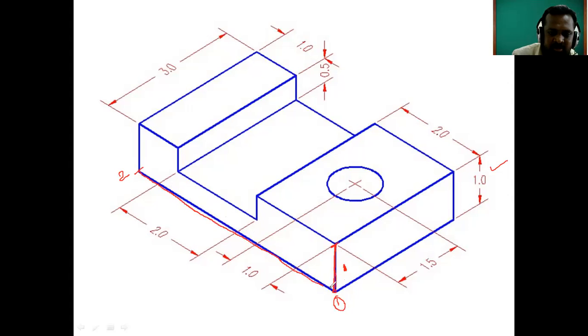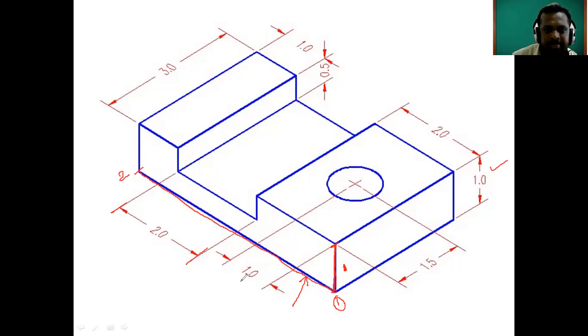Then tell me, what is the dimension of this line? What is the length of this line? Yes, please, has anybody calculated it? Yes, how is it 5? Tell me, how did you calculate it? See, this distance they have given is 2 mm. Again it is 1, then it becomes 3 mm.